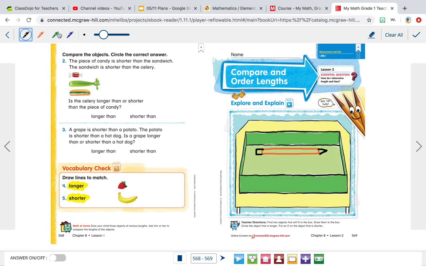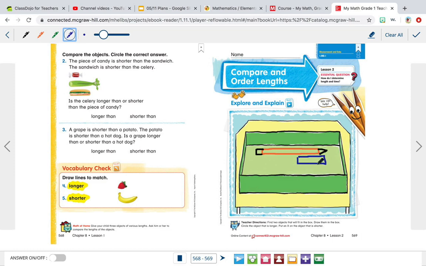Then what we're going to draw is an eraser. And I'm going to draw a blue long eraser right here, okay? Now, what we have to do is see which image is longer. So is the pencil image longer or is the eraser image longer? We can see, because look at this pencil, it's much longer than the eraser.